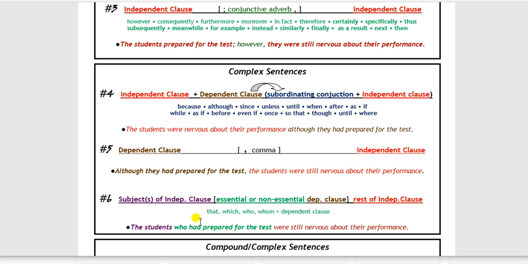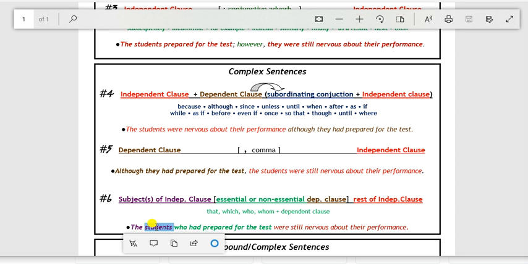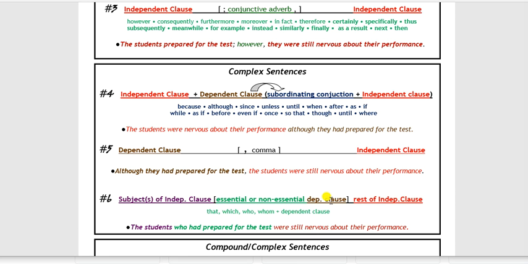The students who had prepared for the test were still nervous about their performance. So basically, the function of this little dependent clause here is to give you more information about the subject, okay? And it tells you how to build this specific type of dependent clause.